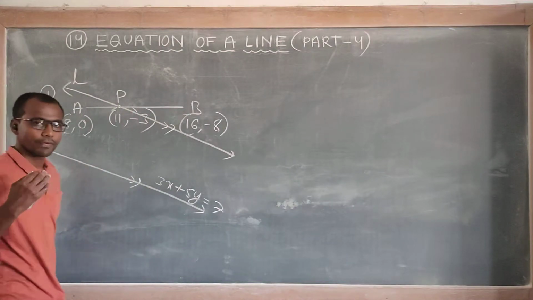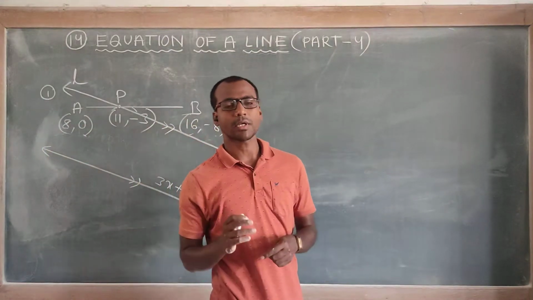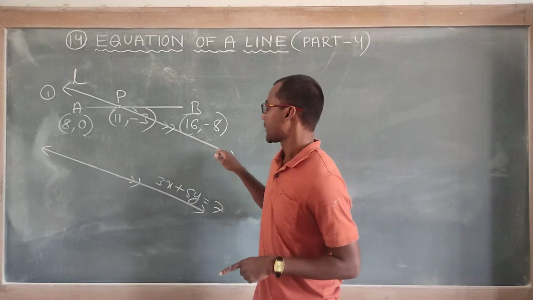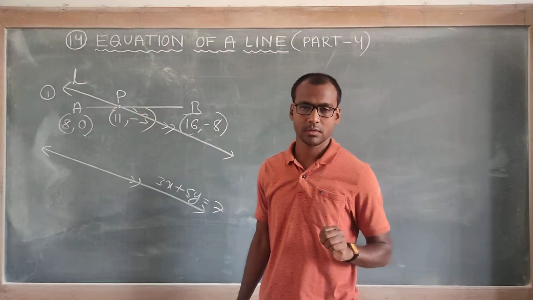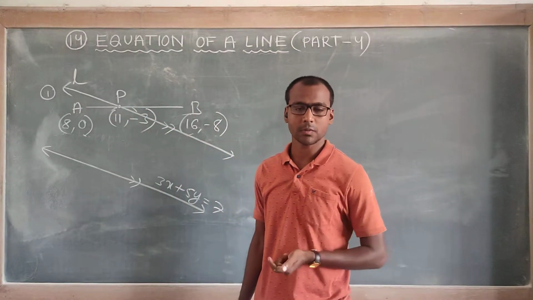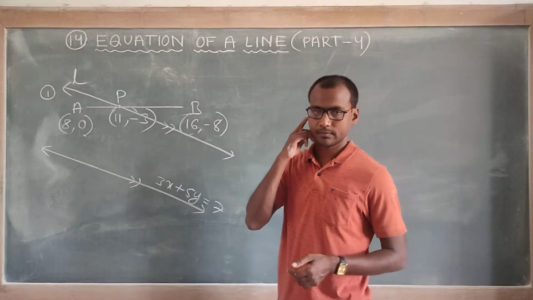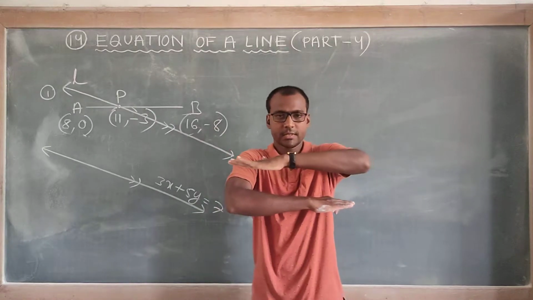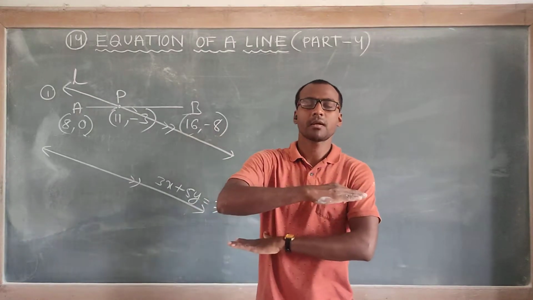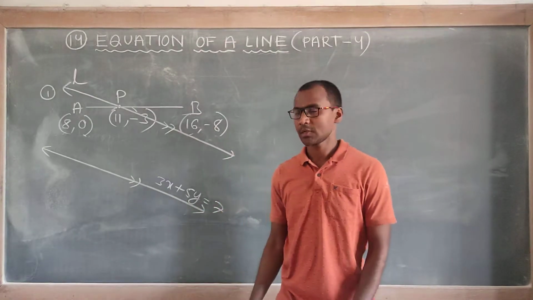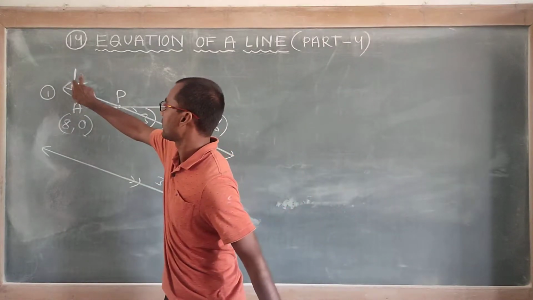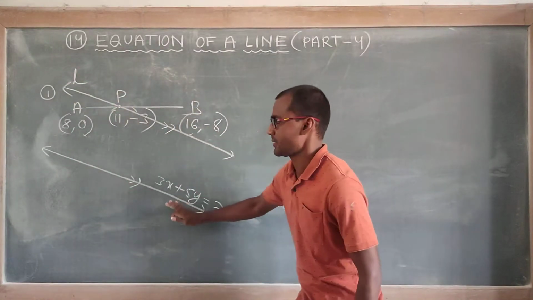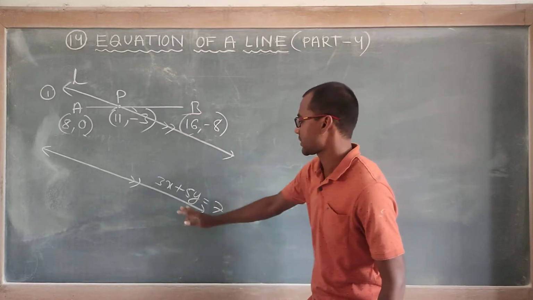See, to find the equation of any line, the first thing that we need is slope. Okay, for this line, slope is not given. Theta is not given, slope is not given. So how can we find the slope? In part 2 I had explained about slope of parallel lines. I told that if two lines are parallel, then the slopes will be same. That means slope of the line L will be same as slope of this line. Okay, so let us find the slope of this line.